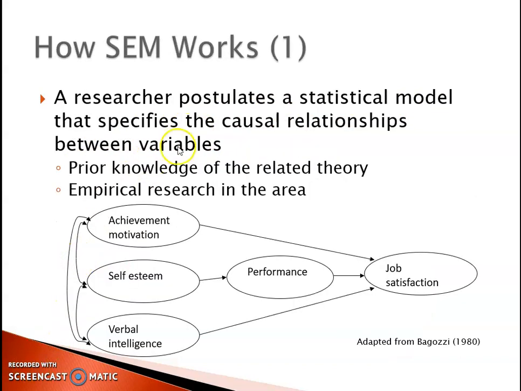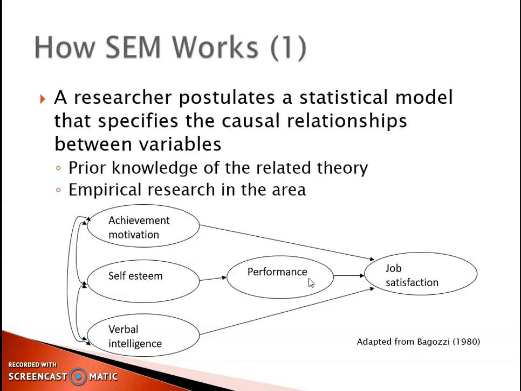Let's look at an example. Here, if I am interested in job satisfaction in an organization, based on my research interest and the related literature, I identified five factors that have impact on job satisfaction in an organization. They are achievement motivation, self-esteem, verbal intelligence, and performance.